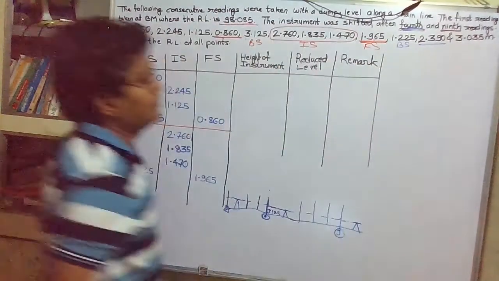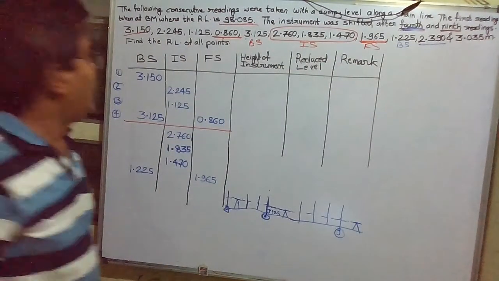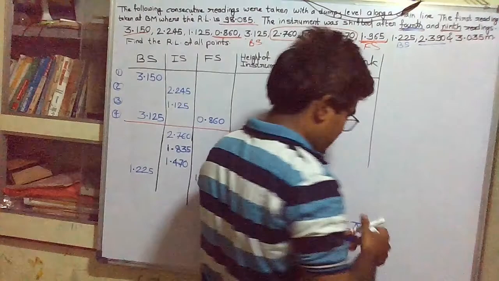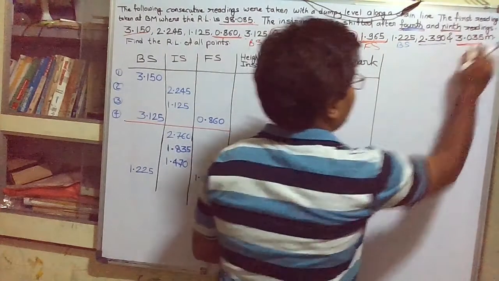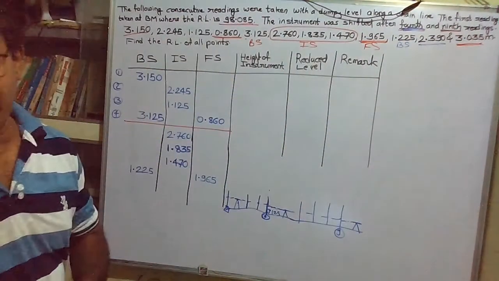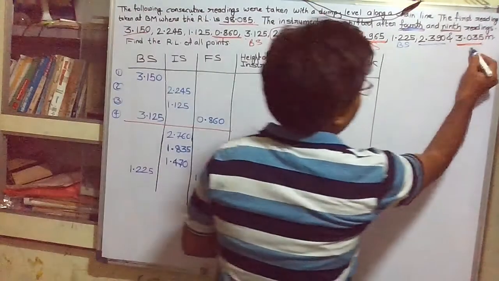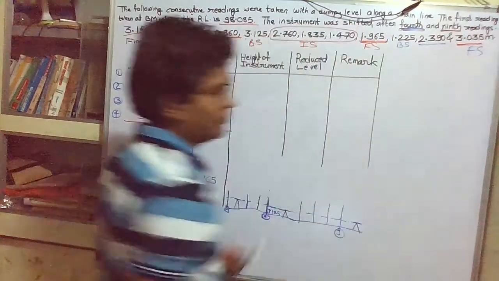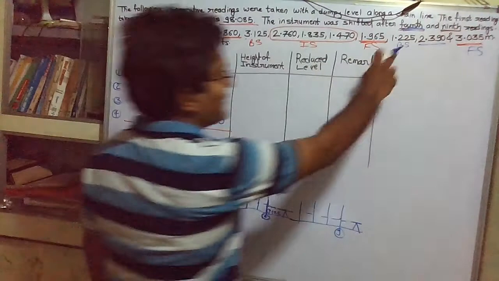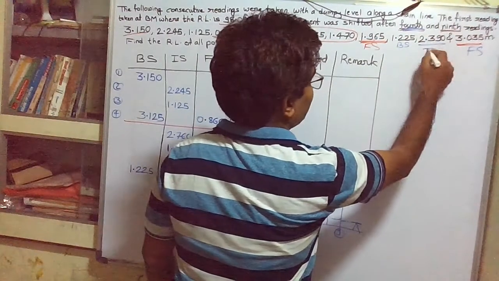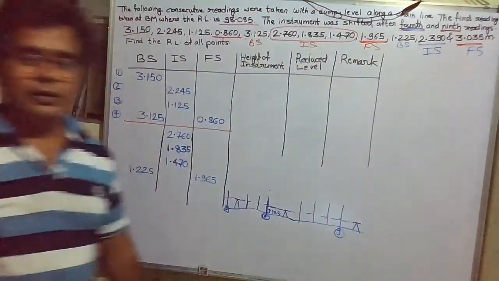Then after that there is one more reading, 2.390, and this is the last reading. As it is the last reading, we write it in the foresight, and in between backside and foresight, whatever readings there are, you can write in the intermediate side.